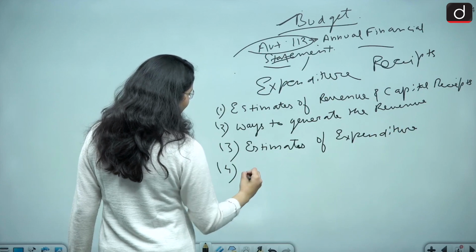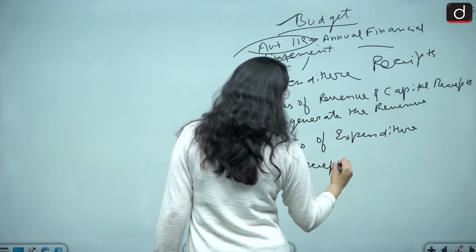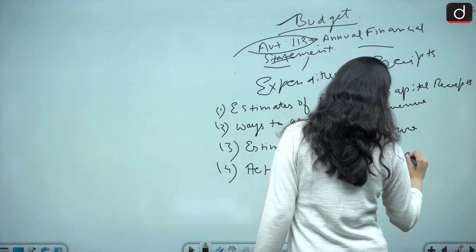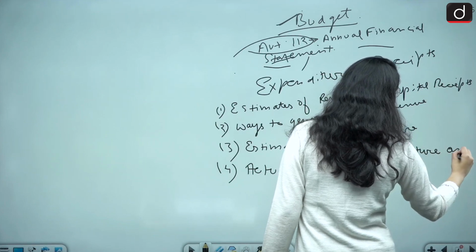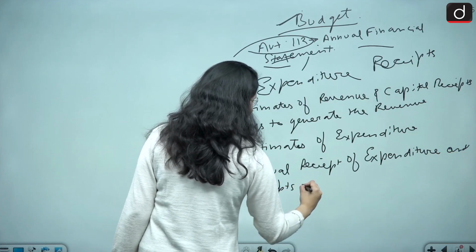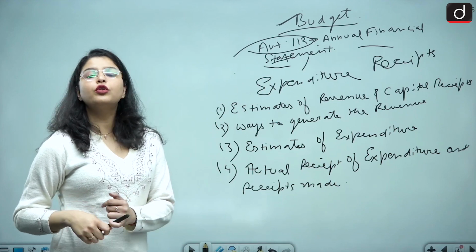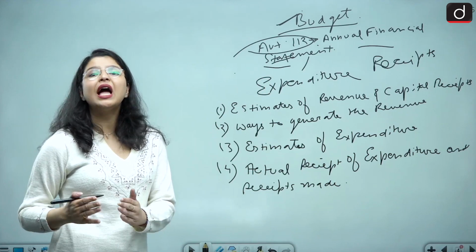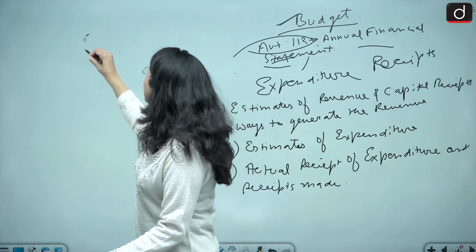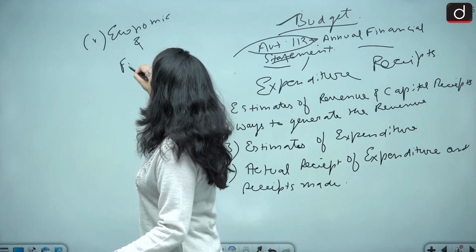Then it will also contain the actual receipts and expenditure made in the last financial year. So it will also disclose what were the receipts by the government of India and what was the actual expenditure made by the government of India in the last financial year. And it will also mention the economic and financial policy of the country.